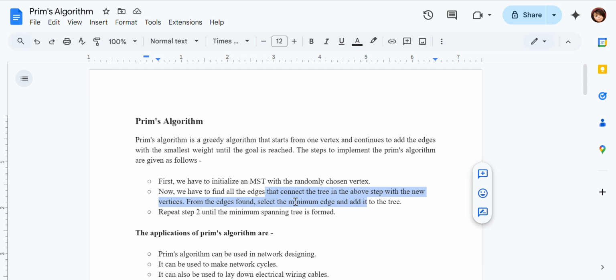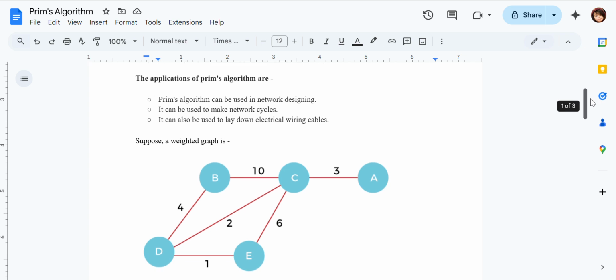We can have n possible edges from that vertex. From those linked edges, choose the minimum edge and add it to the minimum spanning tree. Repeat this until your goal is reached. What is your goal? To create a graph without any cycle or loop. That is our goal.